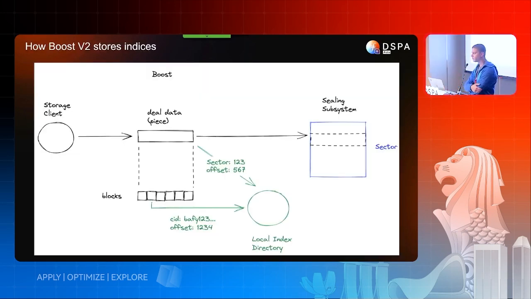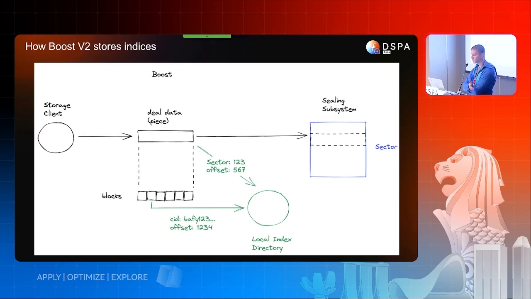So how does Boost store those indices? The storage client sends already prepared data to the storage provider. Boost receives this data, compares the Merkle tree hash, and assuming that it's correct, it begins indexing the data. The index data is what gets stored in the local index directory.